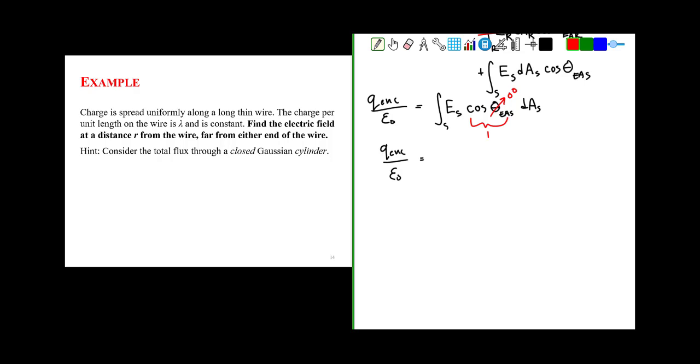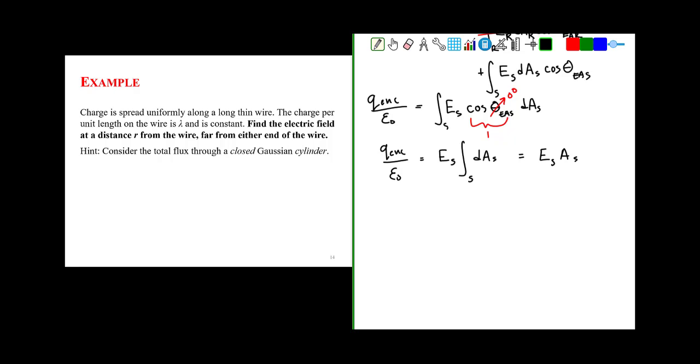Now, remember, the electric field on our cylinder is constant in magnitude everywhere on the cylinder. So that constant comes outside of the integral. We're left with just the integral over the surface of our area differential. Well, the integral of that area differential is just the area of that surface.